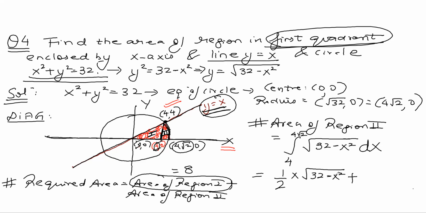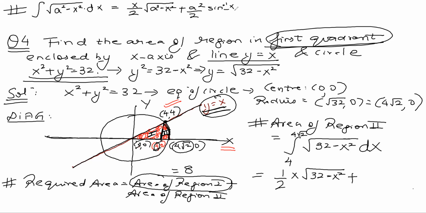So the formula was integral under root a square minus x square dx is x by 2 into under root a square minus x square plus a square by 2 sine inverse x by a.